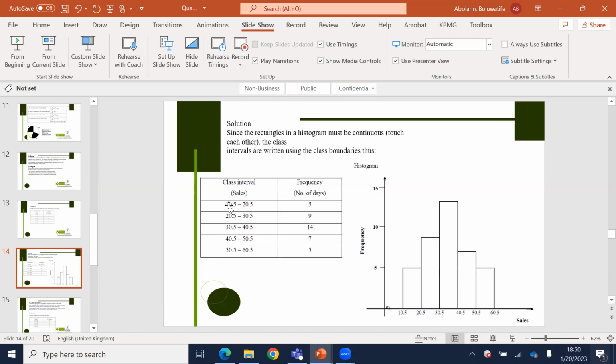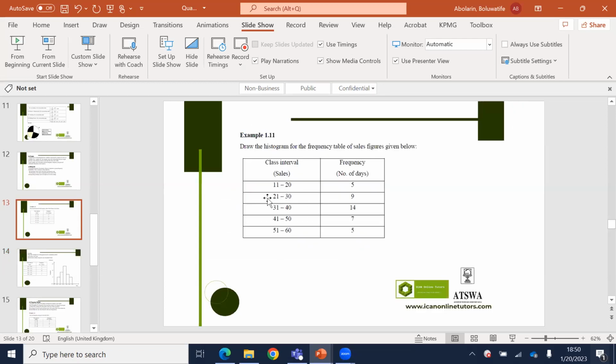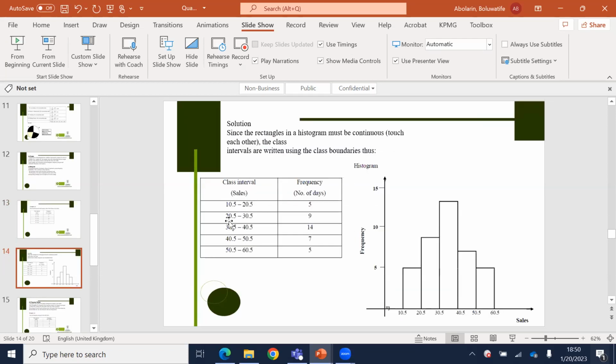That's why you are seeing 10.5 to 20.5. The second one, 21 to 30, is 20.5 to 30.5: 21 minus 0.5 gives 20.5, and 30 plus 0.5 gives 30.5. Do you get it now? Yes. Okay, make sure you check your note. It's very simple. You're going to put frequency back the same way you've been putting it.